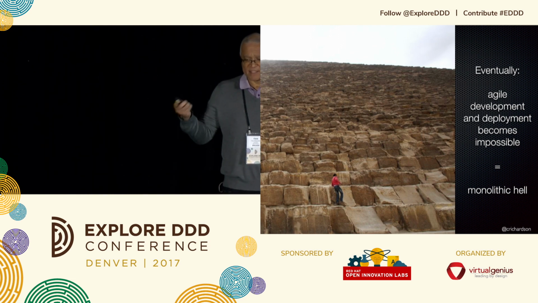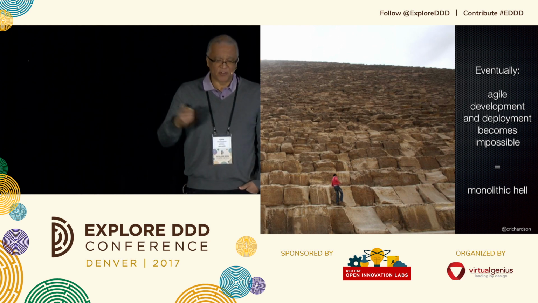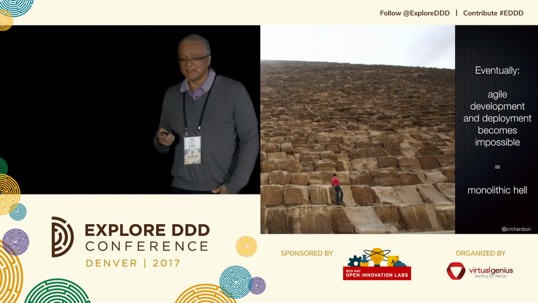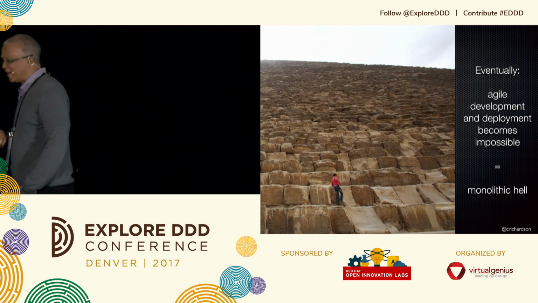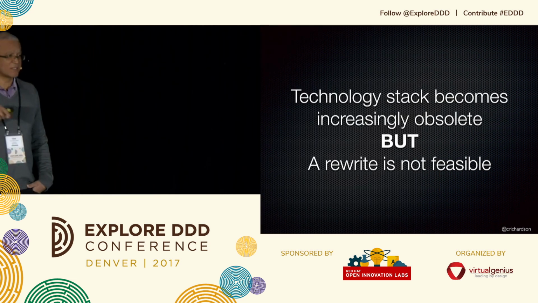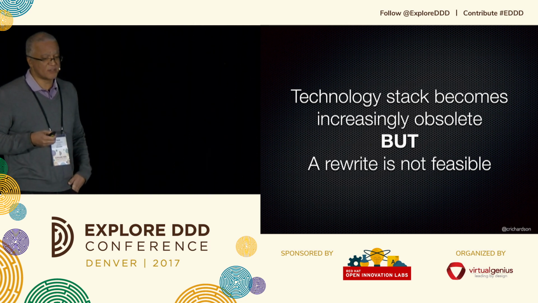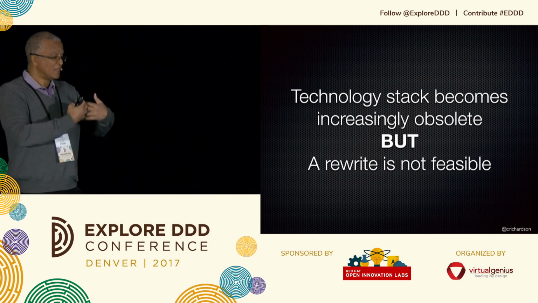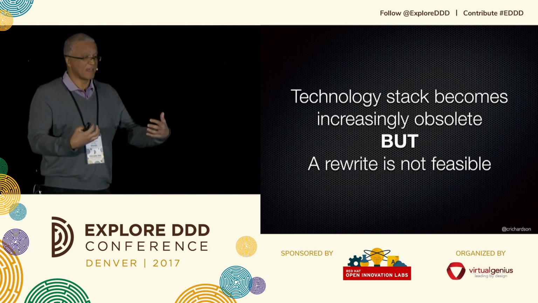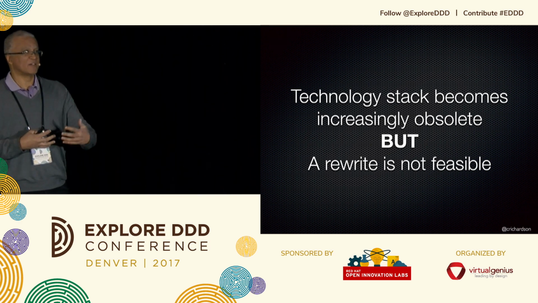And I think there's a certain inevitability. In theory, you can try to preserve modularity, but I think at some point it really does break down. And not only that, you tend to be locked into the technology choices that you made at the start of the project, because it's not practical to do a rewrite to upgrade to the latest and greatest technologies.